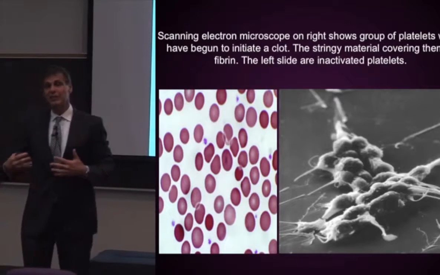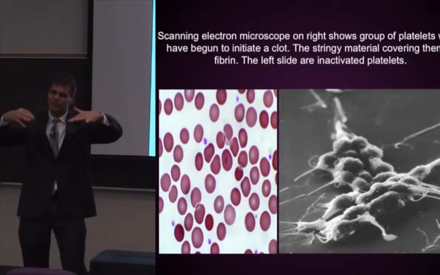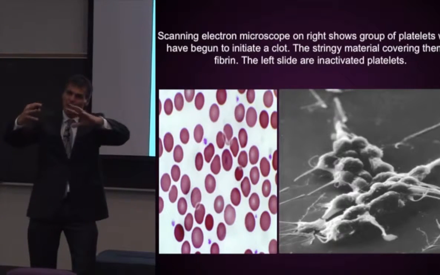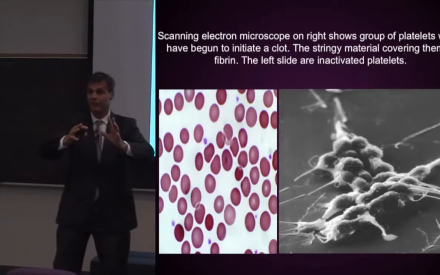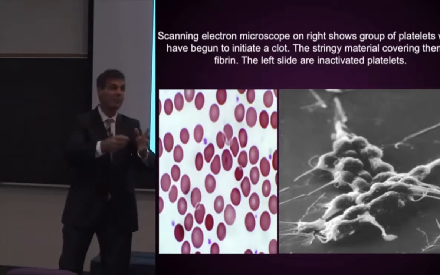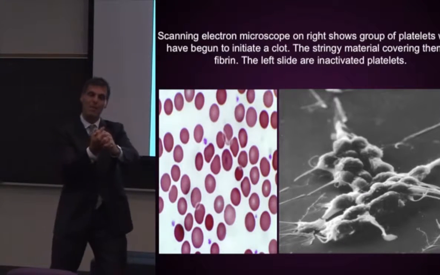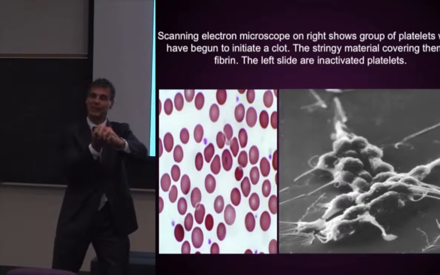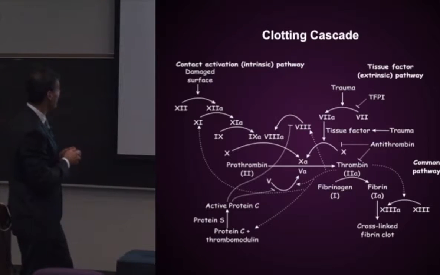So the extrinsic pathway from the liver converts prothrombin into thrombin, and thrombin then converts fibrinogen into fibrin, and those strands are the fibrin, which now create a mesh where the platelets get trapped. You form a thrombus.